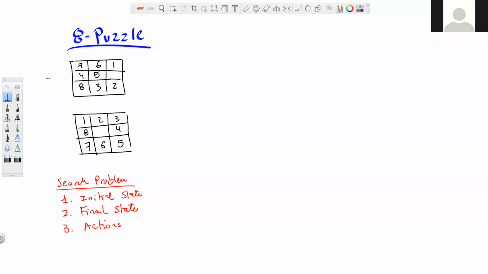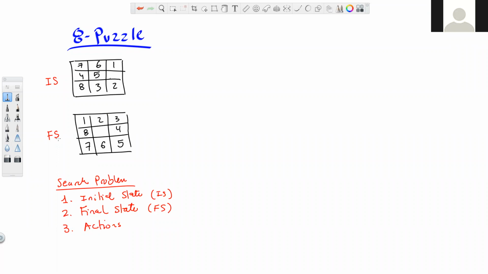You can think of this as the initial state, and we call this the final state. So I'm trying to go from this state to that particular state. Here, the notion of a state is just any configuration of the board. And as you can see, in this case, of course, we have a finite number of states.